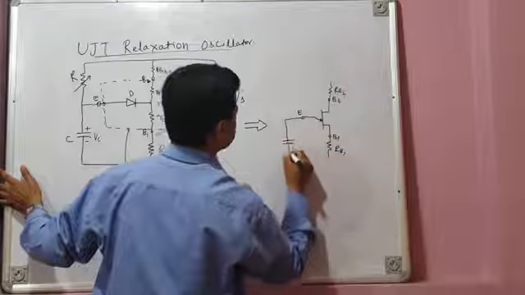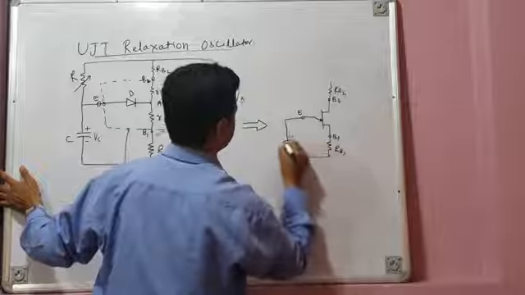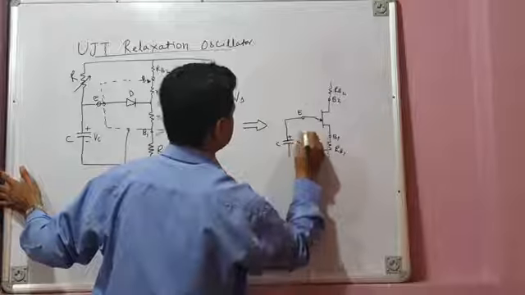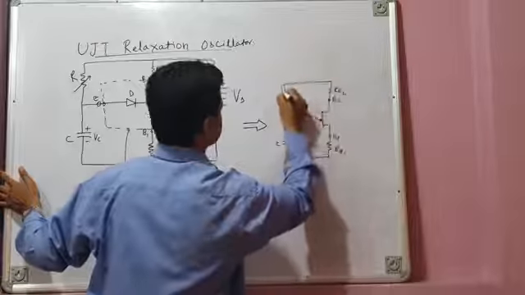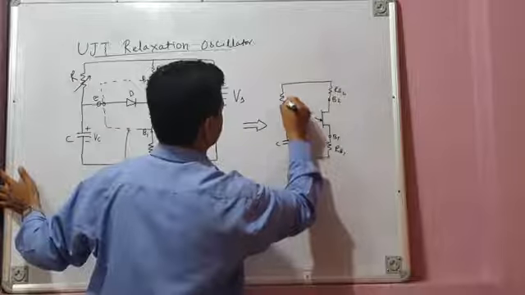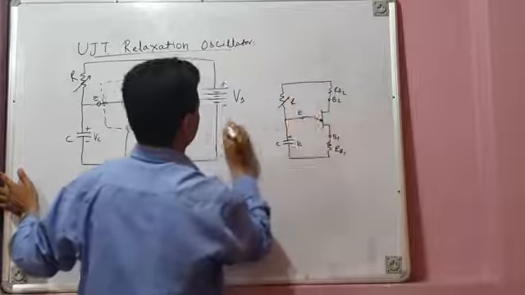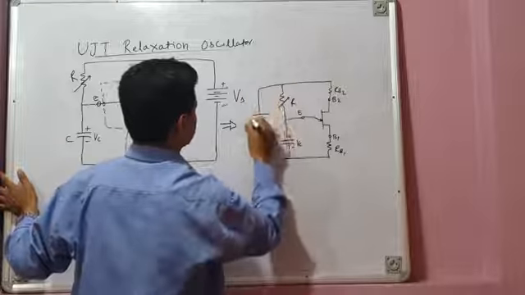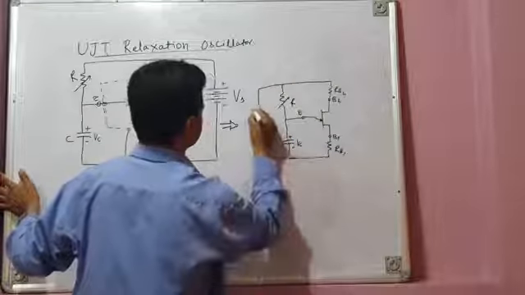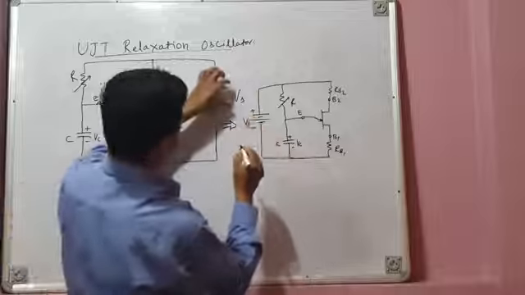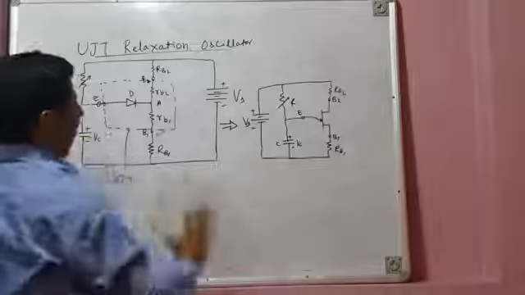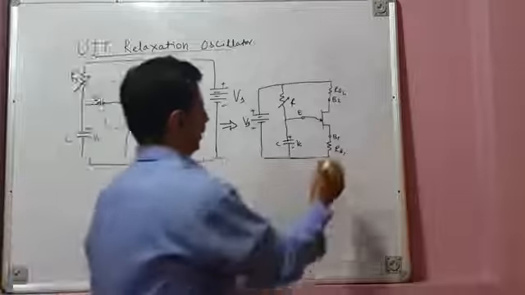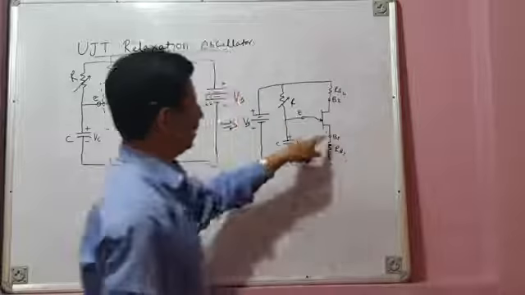You have a capacitor here whose voltage is VC, and you have a variable resistor R, and you connect a fixed voltage source here. It is the same as this. You can show it on this side or on this side. It's one and the same thing. And this becomes your UJT relaxation oscillator.